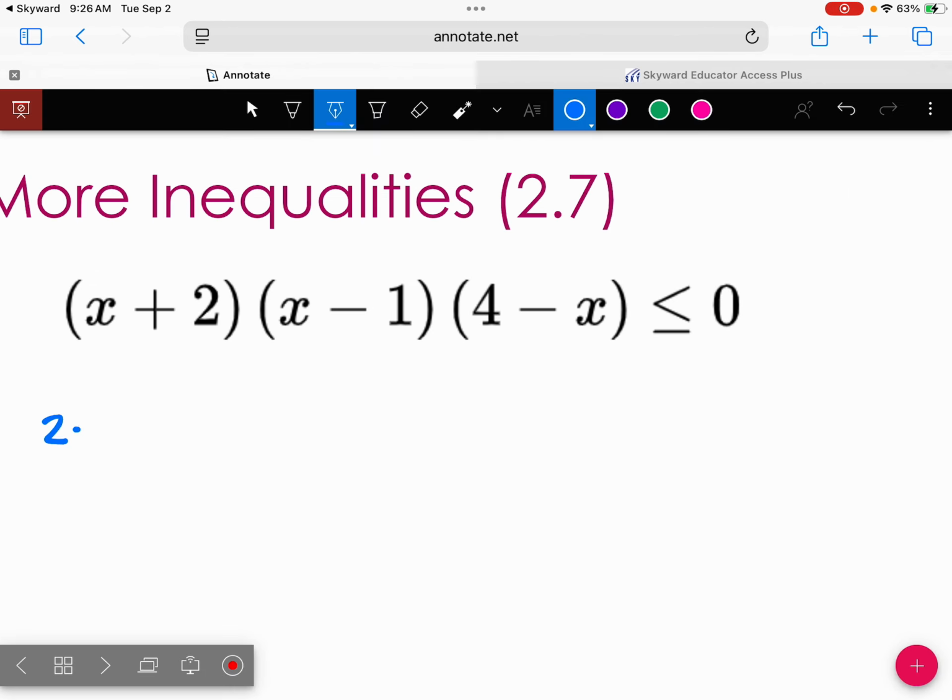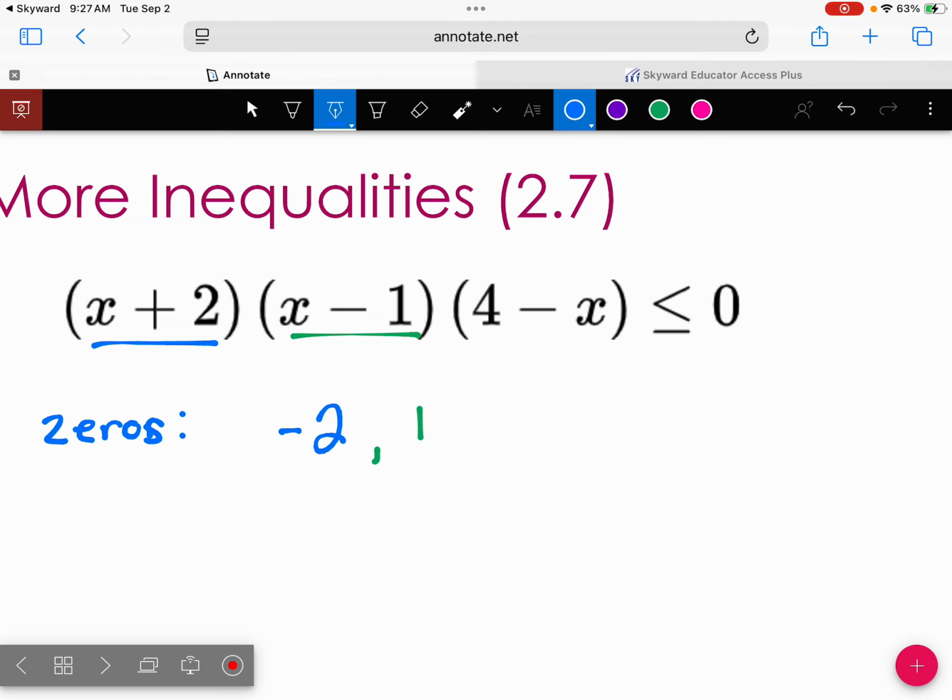So what do we get for our zeros on this? We're going to have our negative 2. That's going from this guy here. Our positive 1. That's this guy here. Yep, but we need to subtract our 4 from both sides.